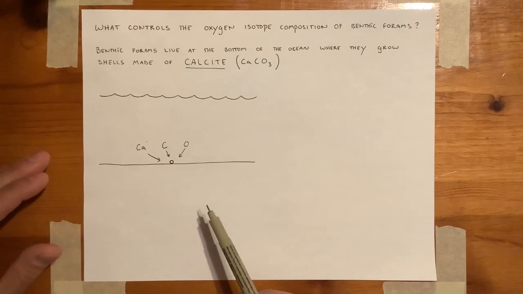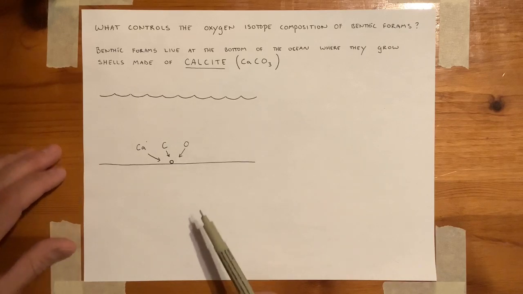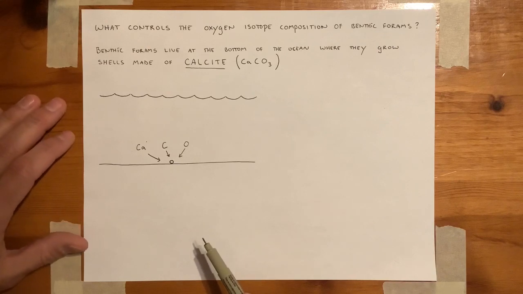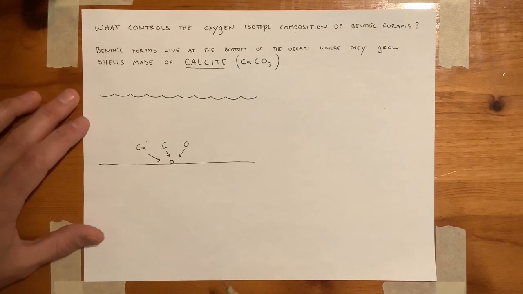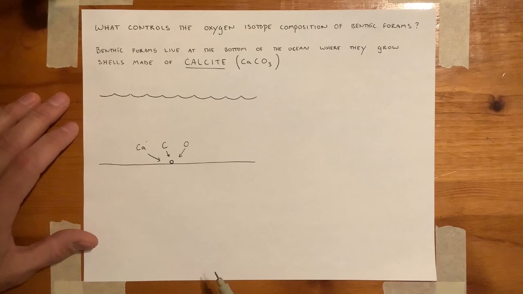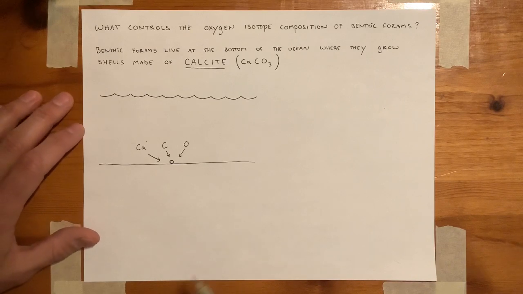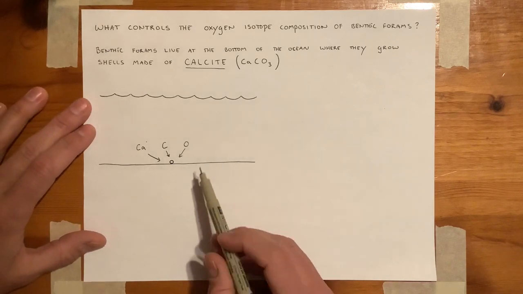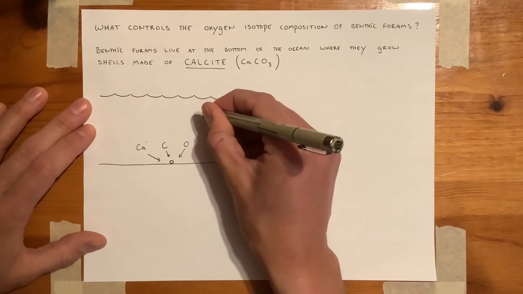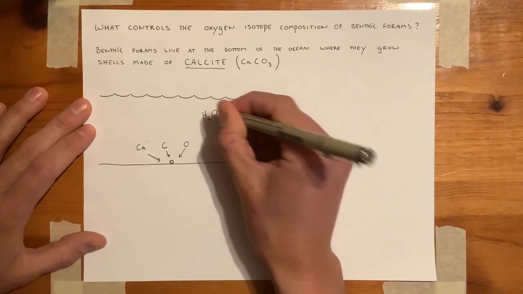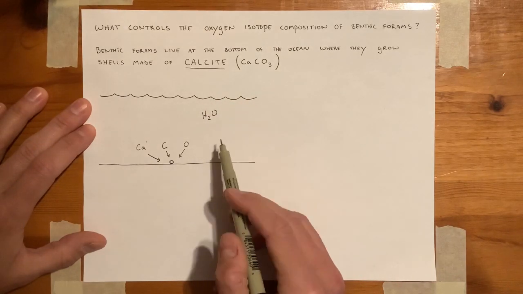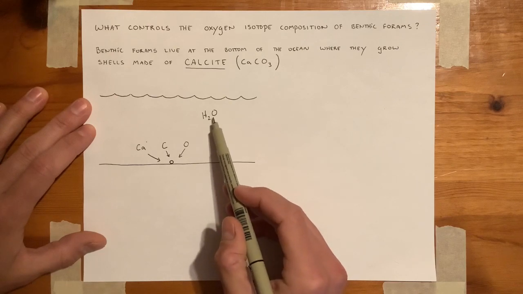But this oxygen isn't just floating around as free oxygen. It's going to be locked up in molecules, things like water, and another molecule called bicarbonate, but we won't go into that. But so there's H2O in the ocean, right? H2O is water. But we know that there's 2 isotopes of oxygen.